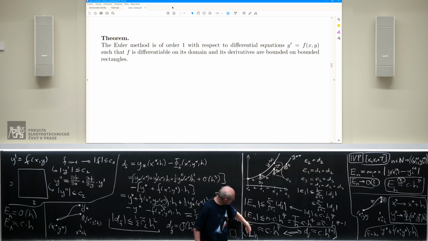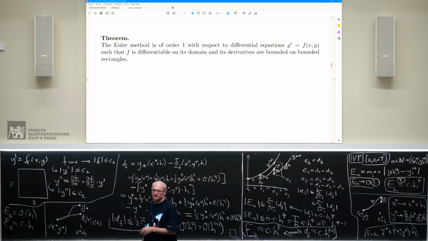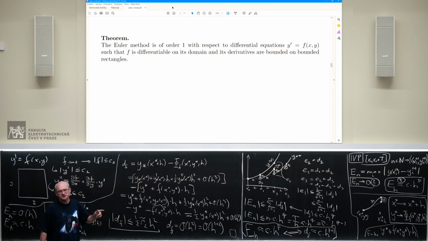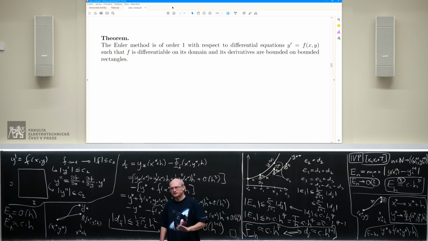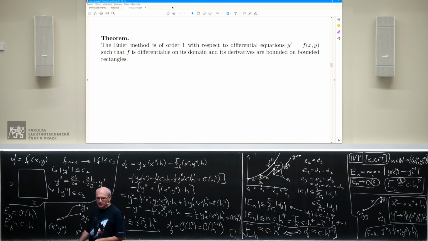So once we determine that the global error has a specific order, then automatically this method will be convergent, which brings us back to the initial part of this lecture. So now we actually know, thanks to this proof, that the Euler method is convergent, and it works like that for all the methods that we will meet later on. Once we determine the order, we have convergence for free. That was the happy end.